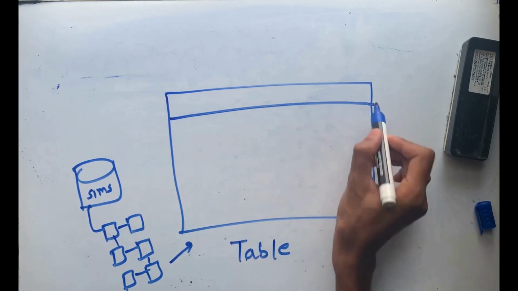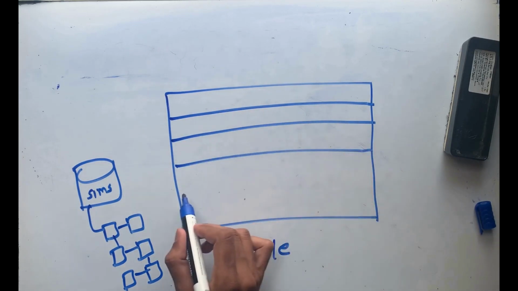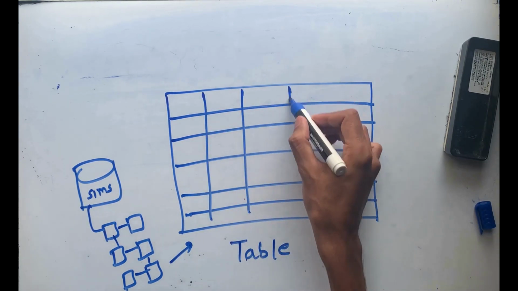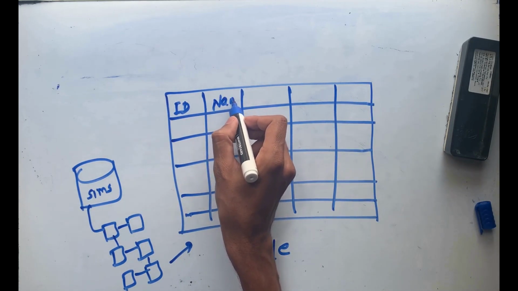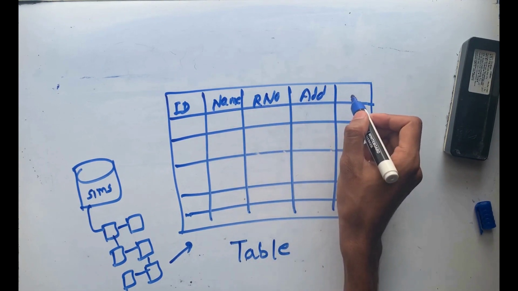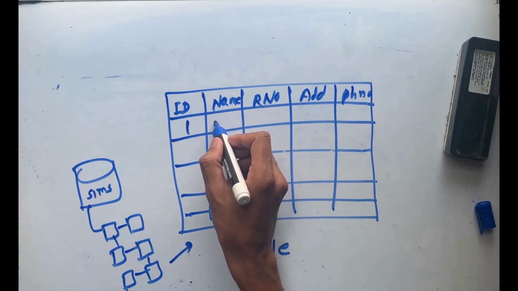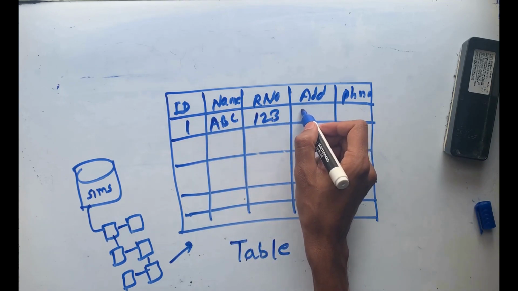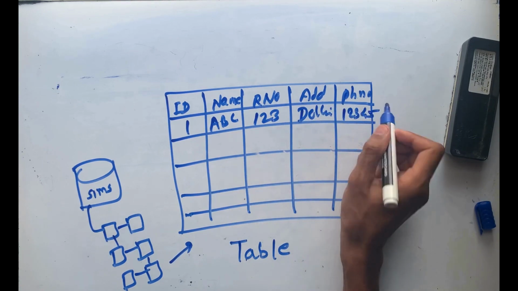And we will see the table. A table is made up of different rows and columns. So columns like, let's say, ID, name, roll number, address, phone number. Then there is 1, ABC, roll number 123, address Delhi, phone number 12345. Correct.